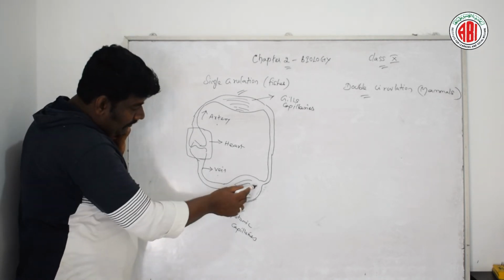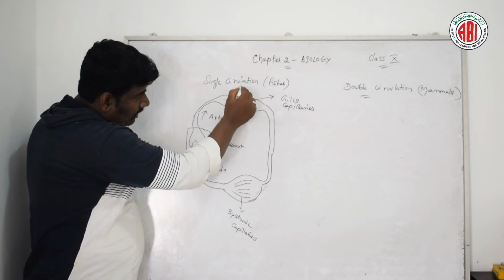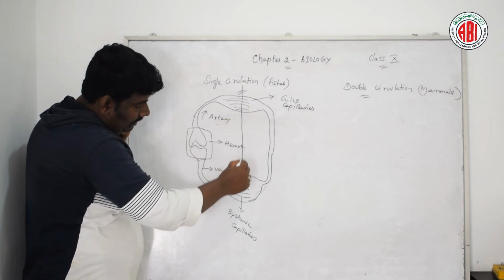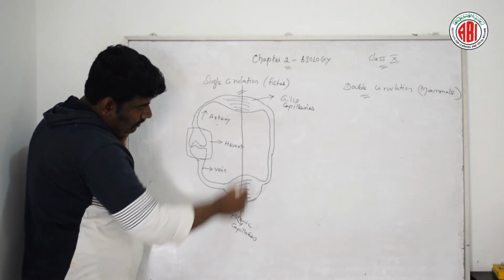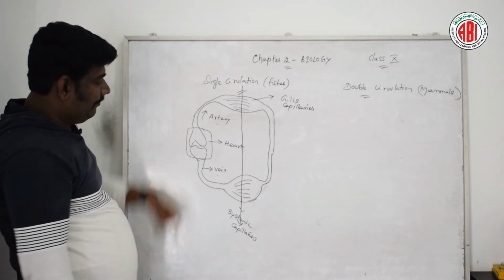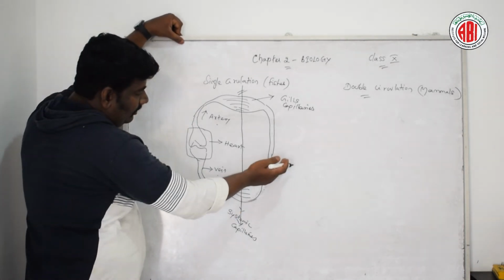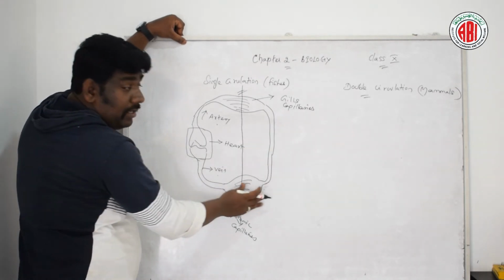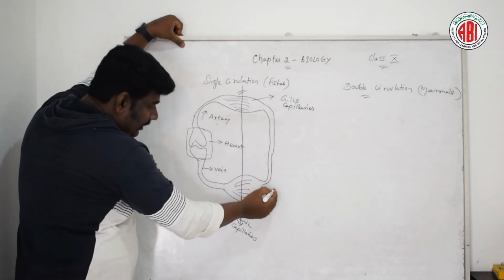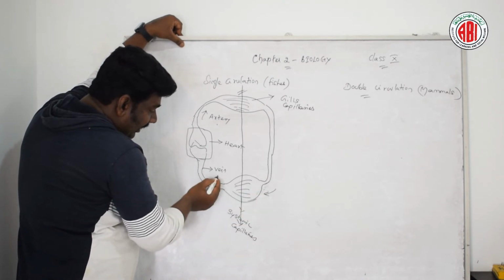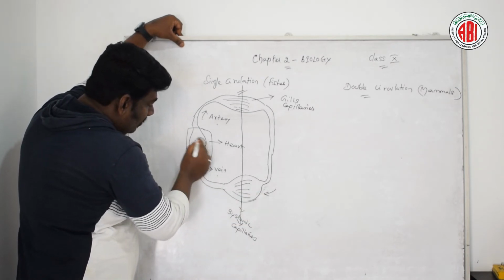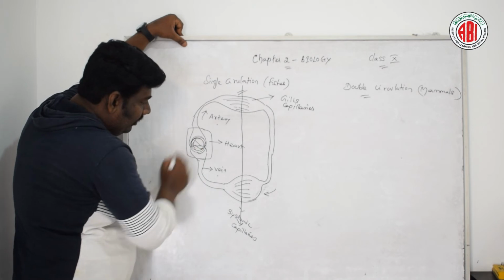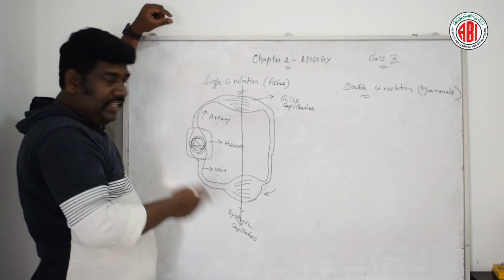Here, if you make one straight line axis, this part, yes. Just imagine the rest of the part of the fish. The blood is collected from the vein and reaches the heart, and here the blood undergoes purification.